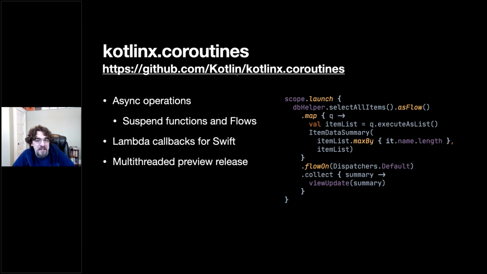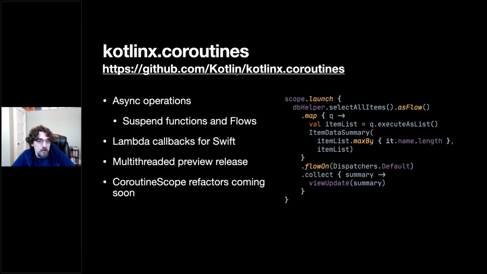There's a preview release of multi-threaded coroutines that hasn't been merged into the main trunk yet, because there are some issues they're still working on in terms of memory leaks that can happen. But CamKit, which is trying to be mostly state of the art but a little bit forward looking, makes use of that multi-threaded branch to get you started writing code with it, in the hopes that by the time that code hits production, that will all be stable.